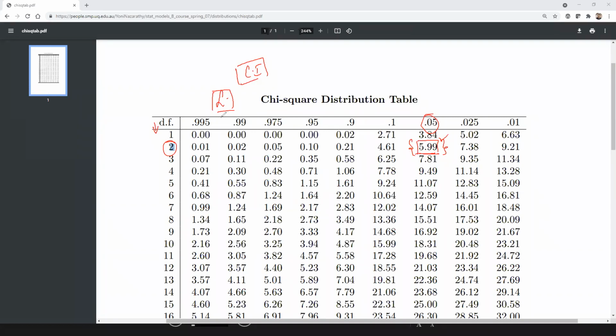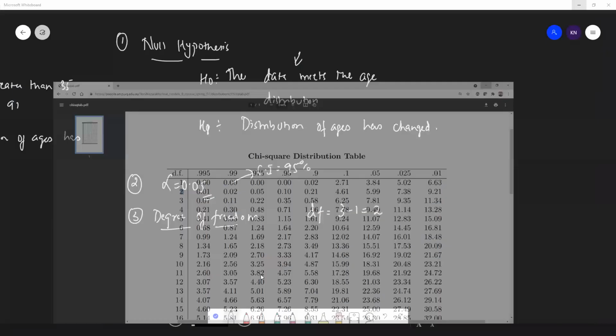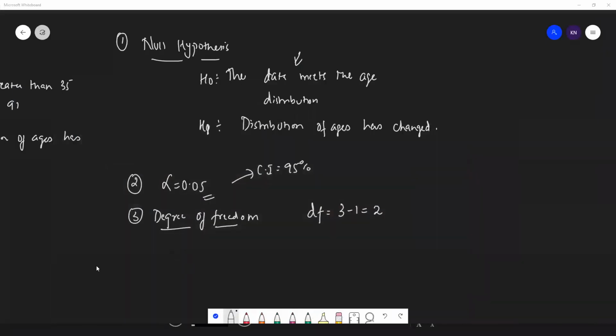How to create this table? I think this table has already been calculated and is available over here. But anyhow, I'll tell you the formula of this chi-square also. So can I conclude? What can we conclude by seeing this, guys? So the fourth thing is that we will state our decision rule.